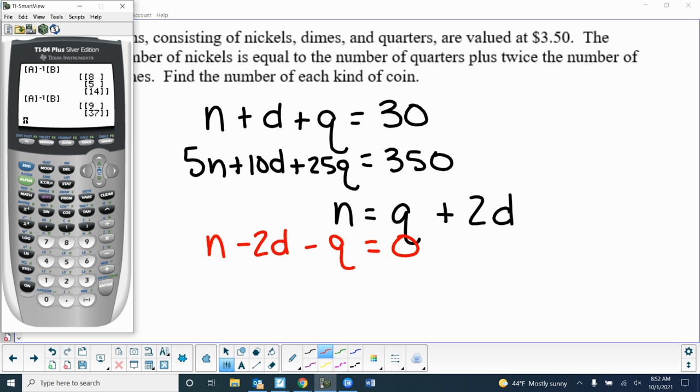All right, so we'll go back in, edit, back to 3 by 3, right? So 3 enter, 3 enter. 1, 1, 1, 5, 10, 25, 1, negative 2. The negative sign's down here at the bottom here, next left of enter.